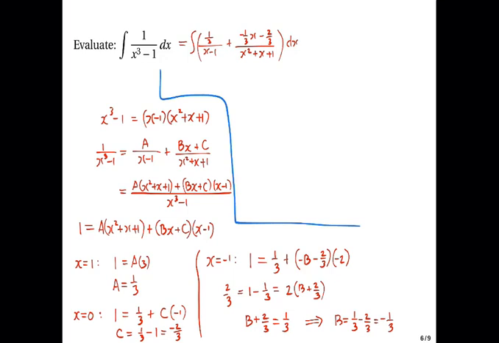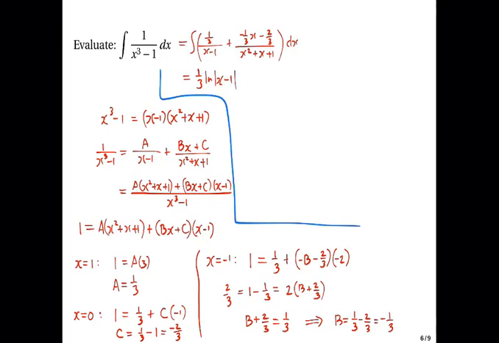Of course, for the first guy here, this is just ln absolute value of x minus 1 times the 1/3 there. And then for this guy, okay, let us rewrite it. So for the first term, we have 1/3 ln absolute value of x minus 1.